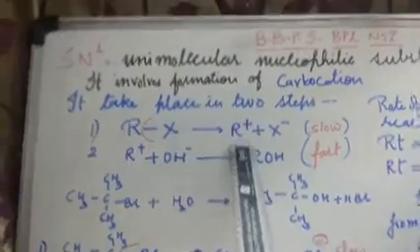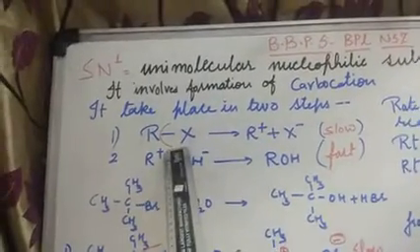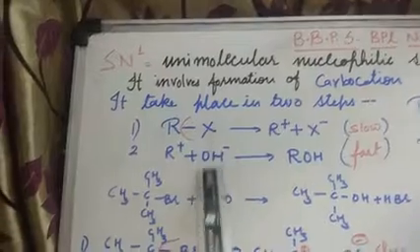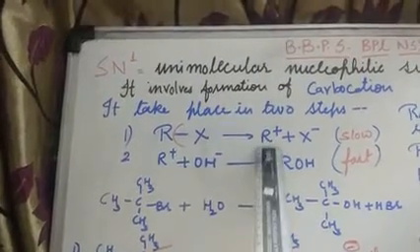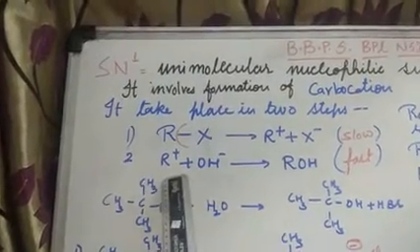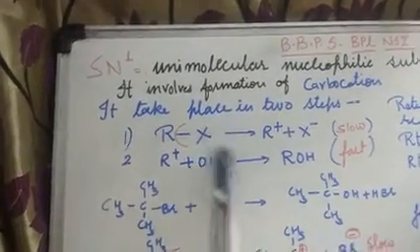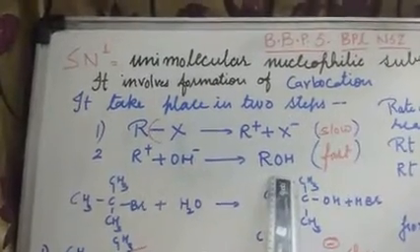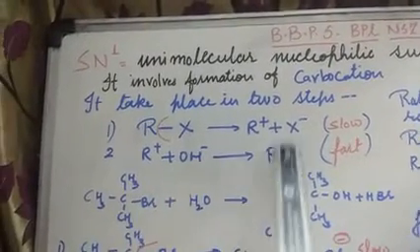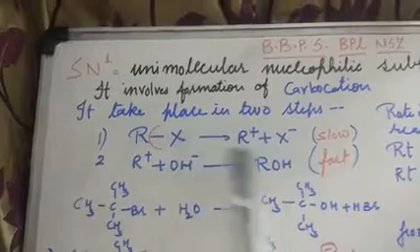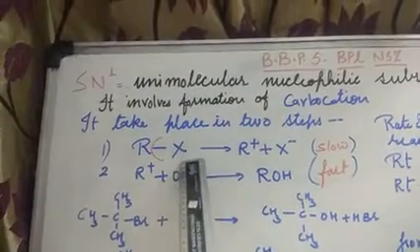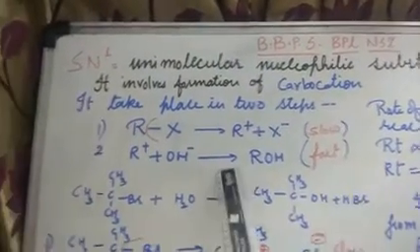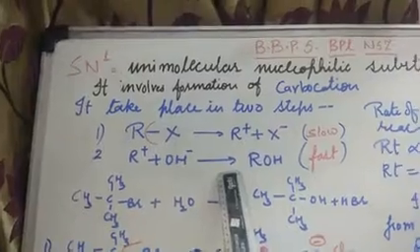So in the first step, cleavage of the RX bond takes place. And the second step is the nucleophile attacking the R positive, the carbocation, and we get the final product. Here it is observed that the first reaction, the cleavage to form the carbocation, is the slowest step, while the second step is the fast step.